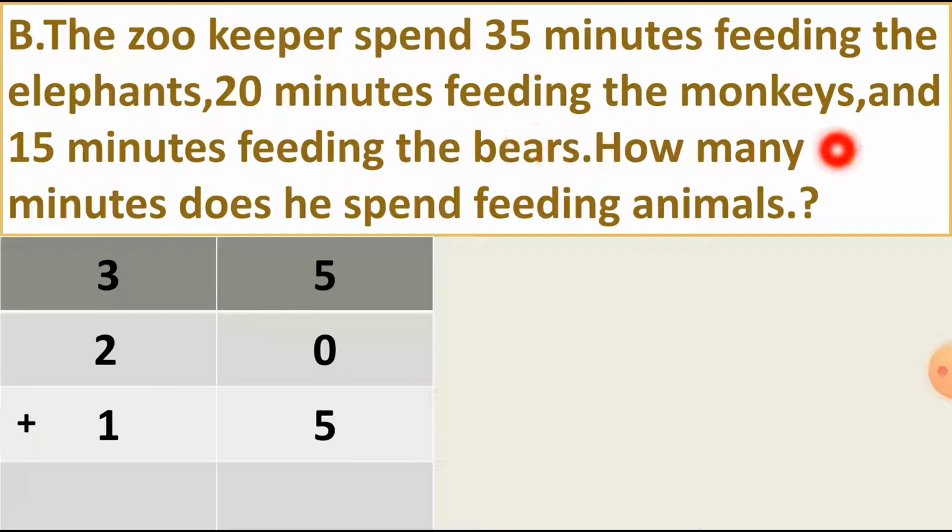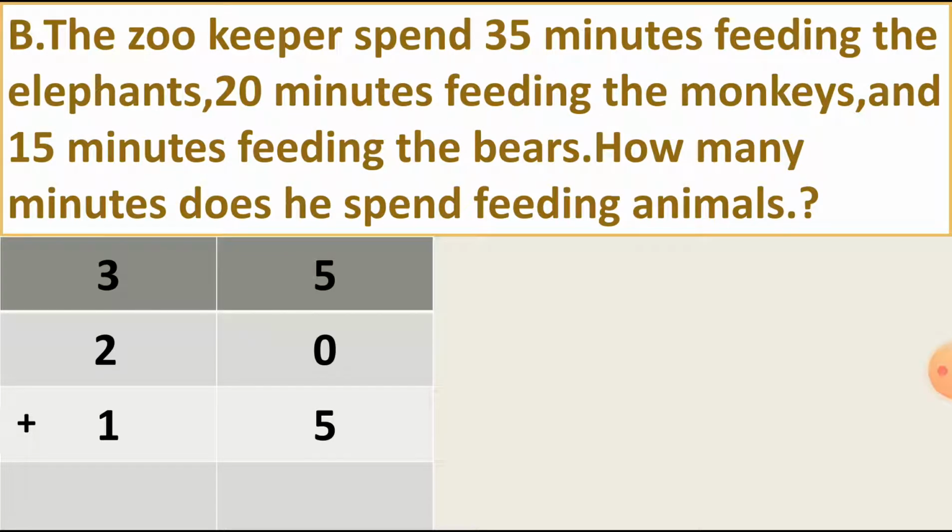20 minutes feeding the monkey. They give something to eat to the monkey. So it takes 20 minutes. And 15 minutes feeding the bears. So the zookeeper is giving something to eat to the bears, and it takes 15 minutes. Now the question is, how many minutes does he spend feeding the animals? So we have to find the total minutes he spent feeding the animals.